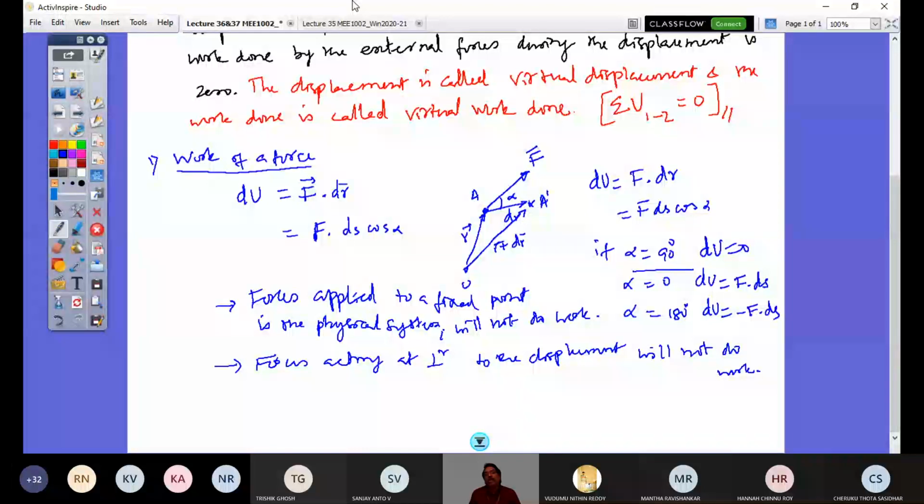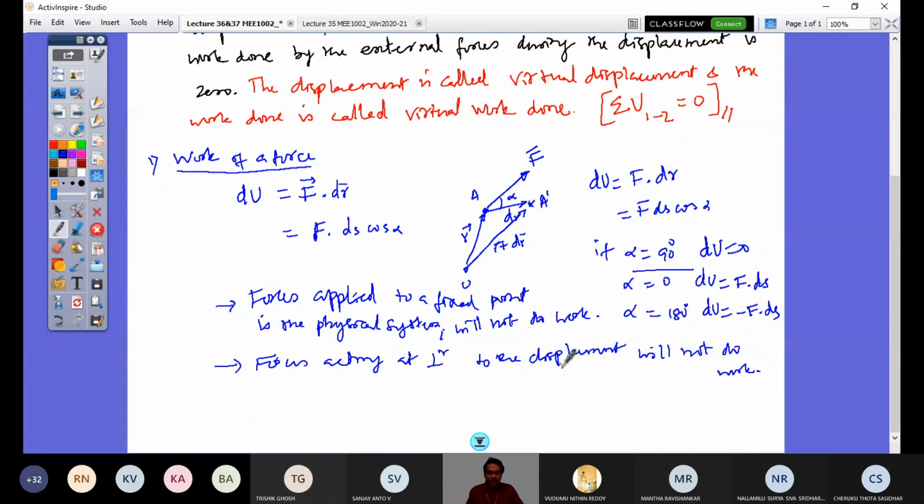So you will be able to resolve that reaction as a friction force resisting the expected motion and a force perpendicular to the contact surface. The force perpendicular to the contact surface will not participate in the equation, whereas the force tangential to the contact surface, acting against the displacement, would participate in the work equation, but that work would be negative work by the friction force.